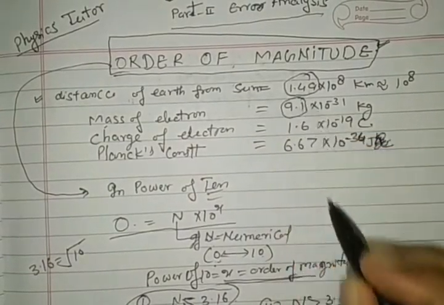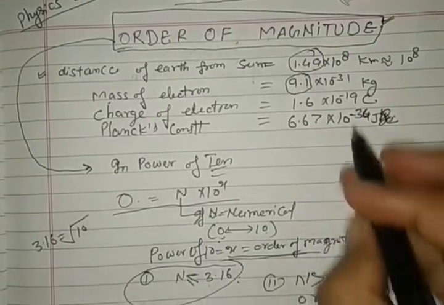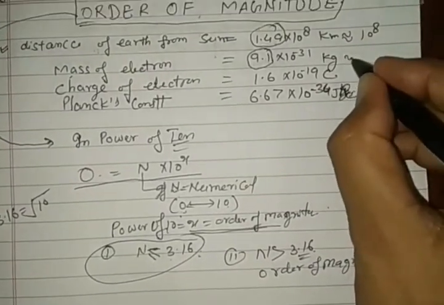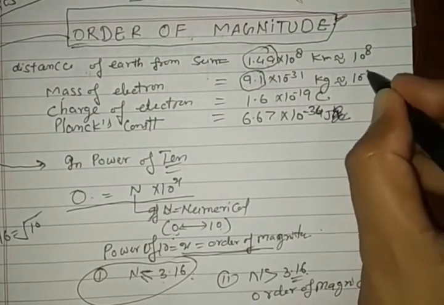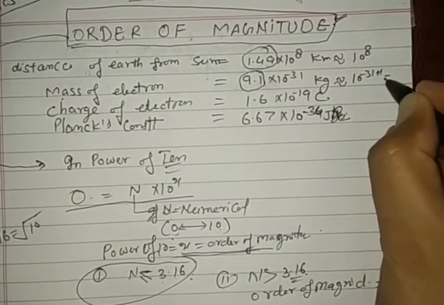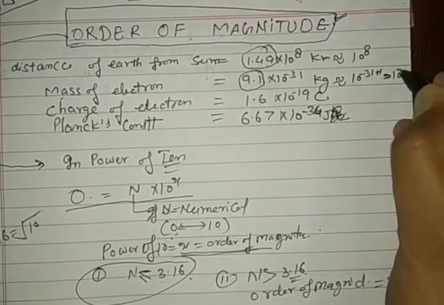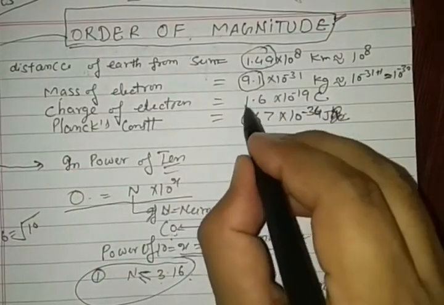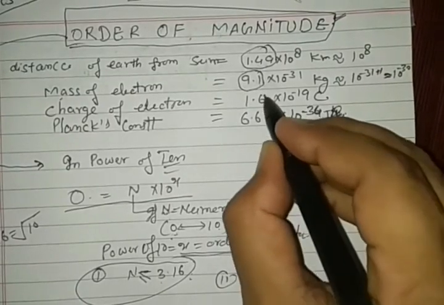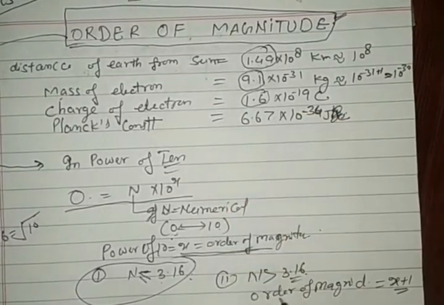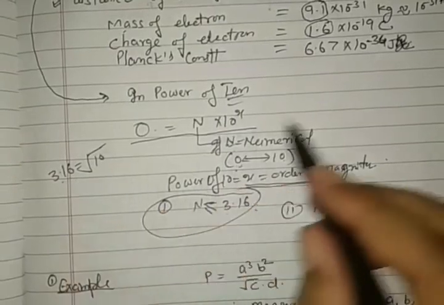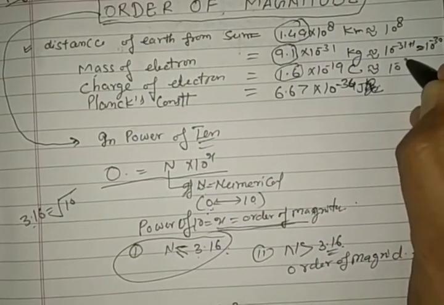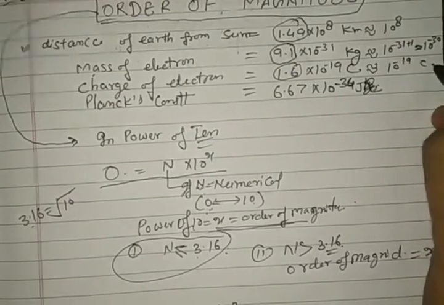This multiplier is within the range and it is more than 3.16, so the order of magnitude is 10 to the power minus 31 plus 1, which is 10 to the power minus 30. In the third case, 1.6 into 10 to the power minus 19, the multiplier is less than square root 10, which is 3.16, so the order of magnitude is 10 to the power minus 19 coulomb.